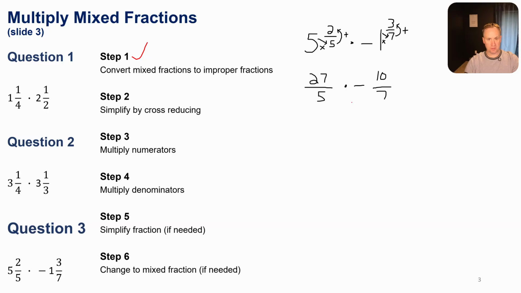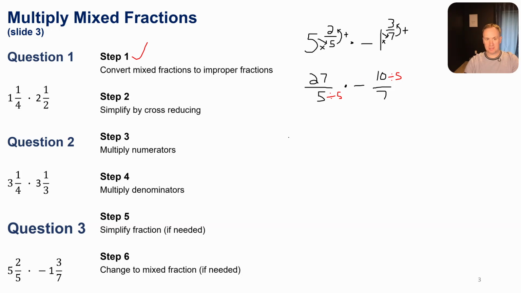Okay, so next we're going to simplify by cross-reducing. So I can divide a 5 into here and a 5 into here. 27 and 7 do not have a common factor, so I can't simplify that down at all.